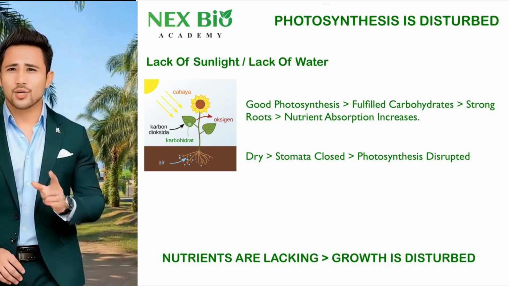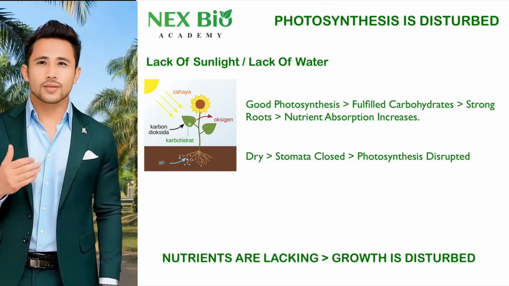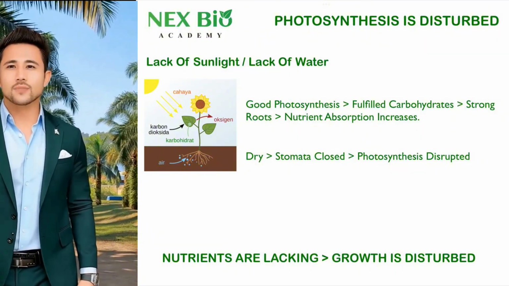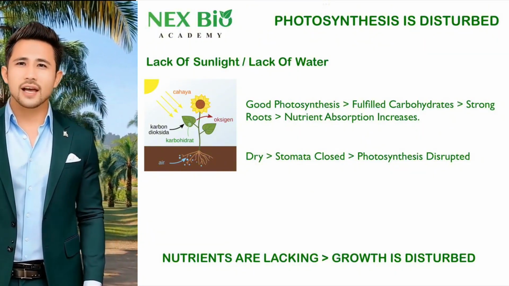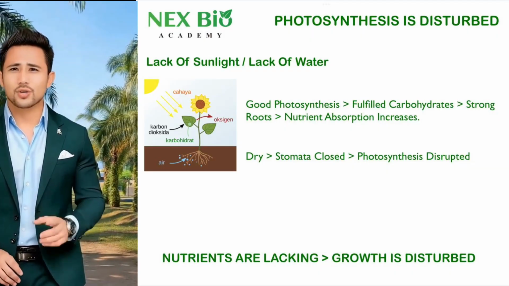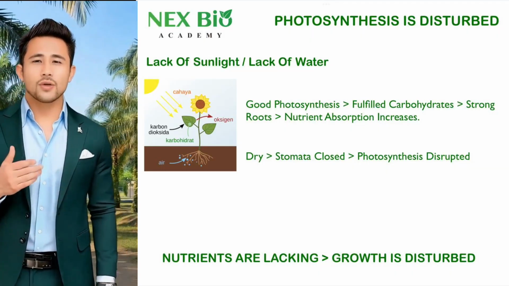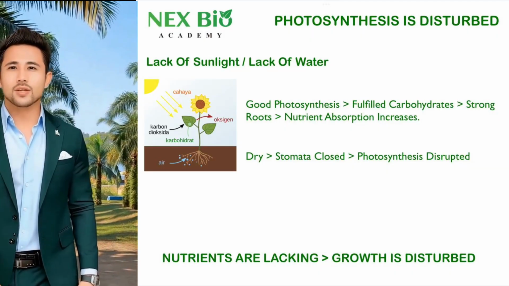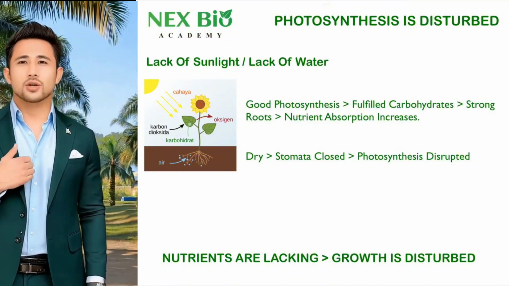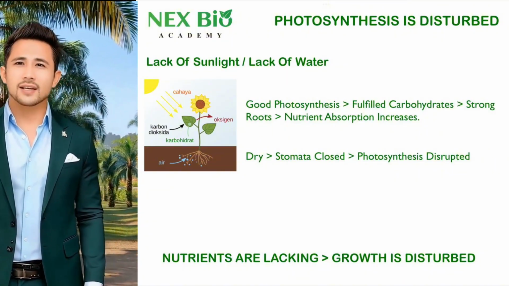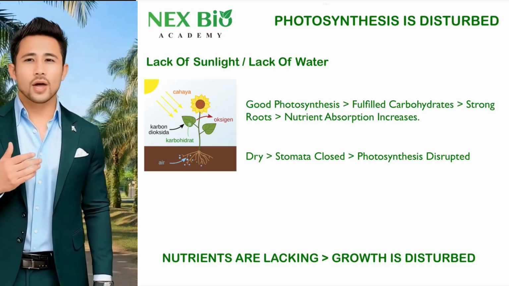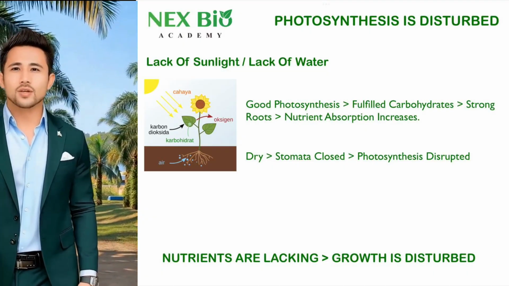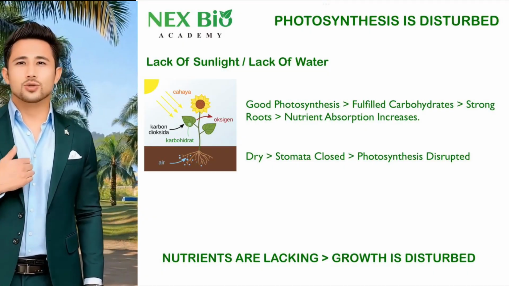But on the opposite, if bad photosynthesis happens, the carbohydrates cannot be fulfilled. If the carbohydrates cannot be fulfilled, the roots become weak. If the roots become weak, they cannot absorb the nutrients from the soil. So because of the lack of sunlight or water, once again, if nutrients are lacking, the growth is disturbed.